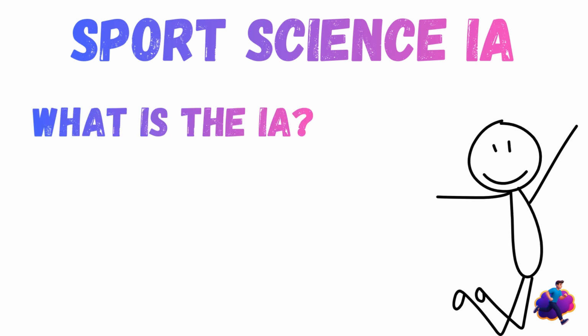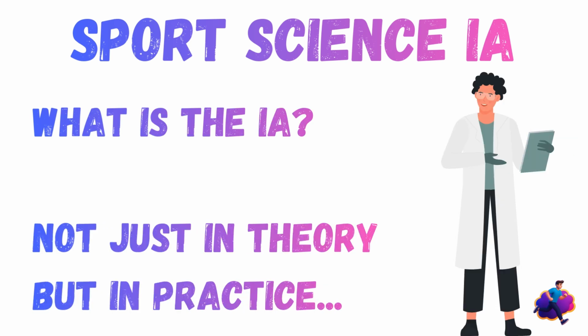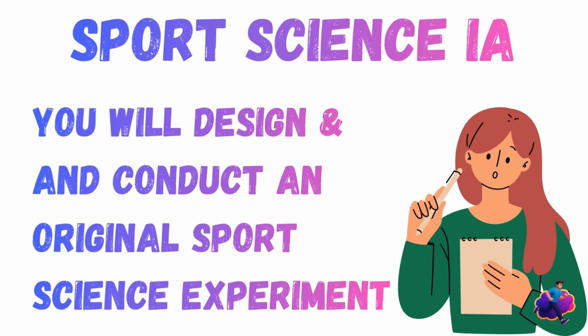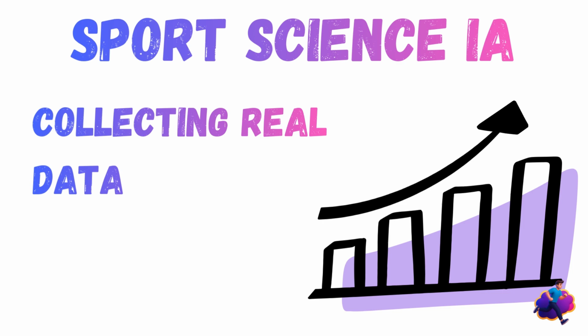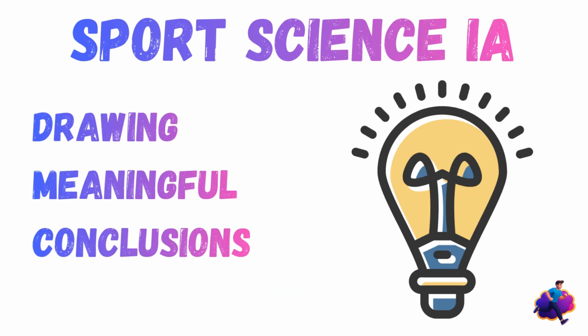So let's start with what the IA is. The Sports Science IA is your chance to become a scientist, not in theory, but in practice. You will design and carry out your own original scientific investigation, collecting real data, analysing it using the tools that we explore in your lessons, and drawing a meaningful conclusion.